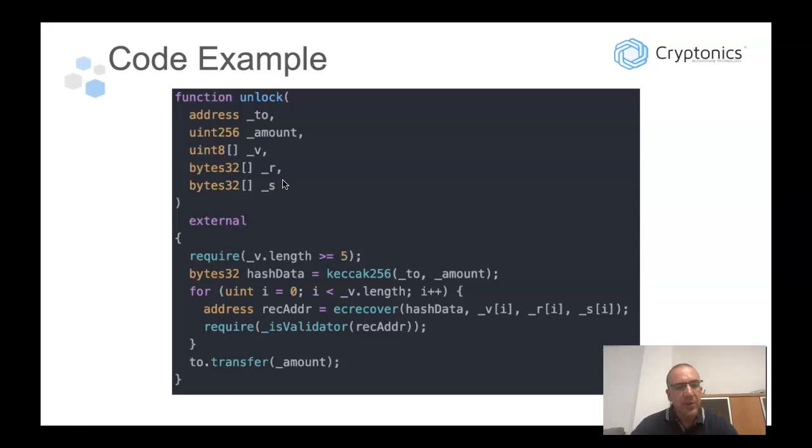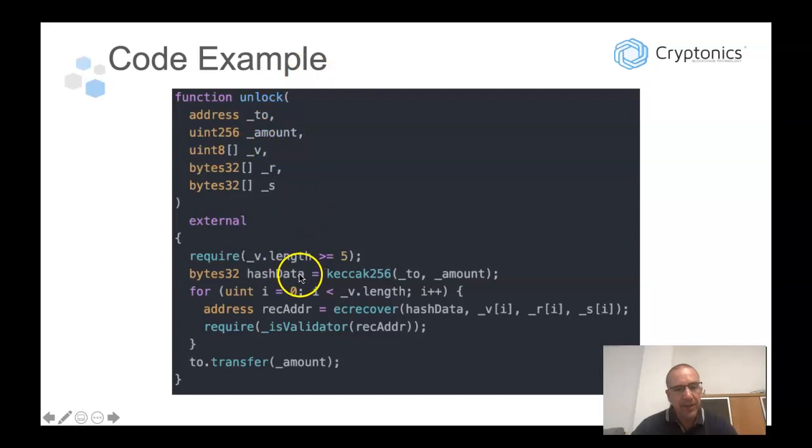And these signatures are created off-chain, and they are submitted in arrays here. We have to check that there are at least 5 signatures, and then there's some data which has been signed. So we check whether this data is actually correctly signed, and the data here is the destination address and the amount to be unlocked.